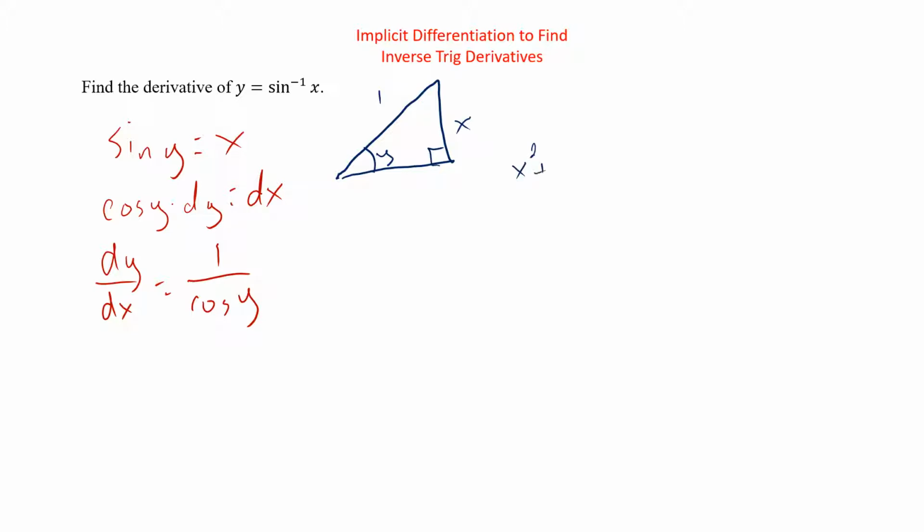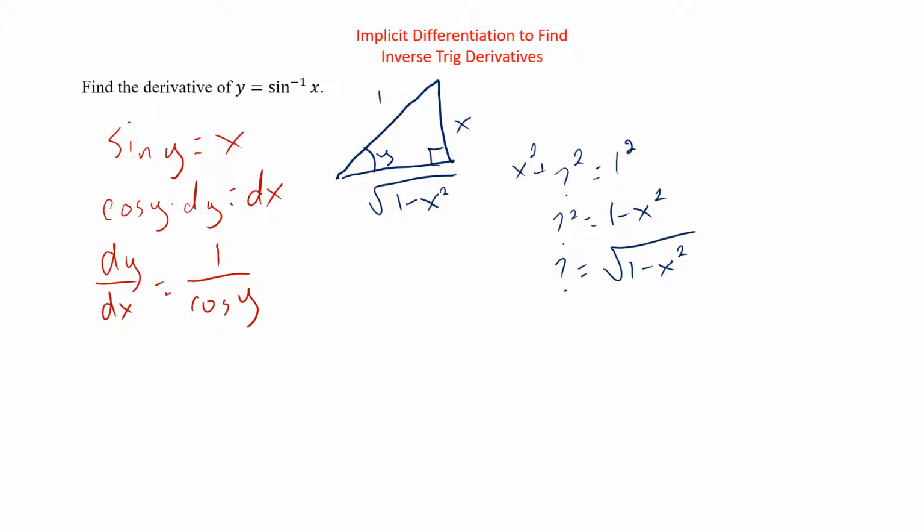X squared plus this open spot, question mark squared, equals 1 squared. Subtract the x squared over. So question mark squared equals 1 minus x squared. Square root, that blank space will be the square root of 1 minus x squared. And notice we don't need plus or minus because it's a length. It will be positive. So this is square root of 1 minus x squared.